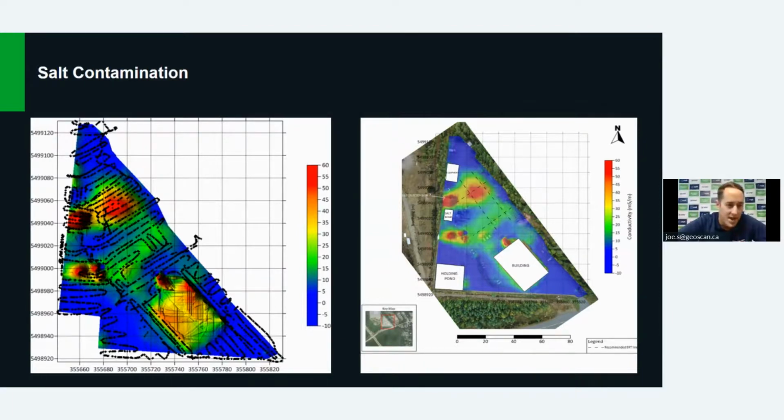On the left-hand side, you can see the black dashed line is where the technician made their route and collected the data through the area. And then on the right, it's overlaid onto a photograph indicating the surface features and the buildings in the area. So the client was able to hone in on where the contaminated areas were on this site.